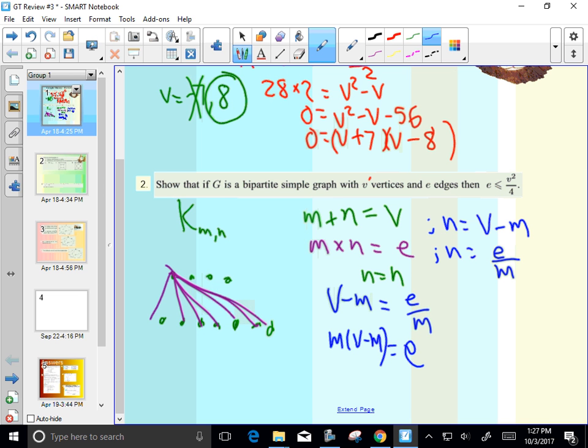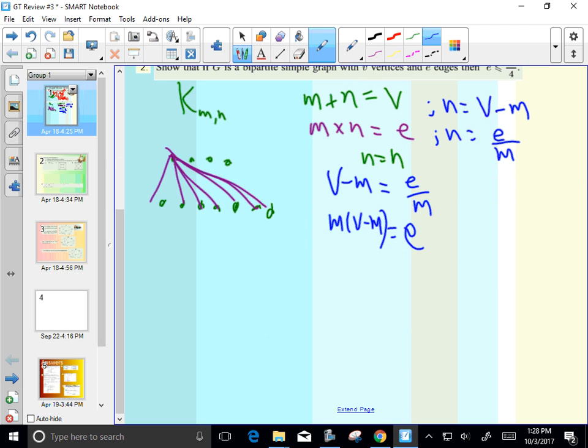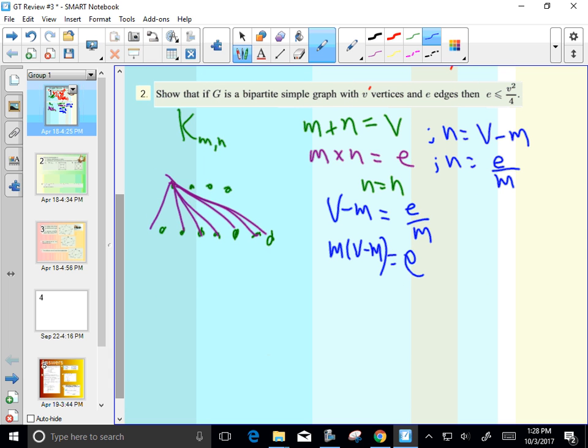Okay? That isn't too bad, is it? Algebra from those? Did I do anything crazy? Well, I'm going to do something crazy here. Now, if I multiply these through, I'm going to get mv minus m squared equal to e, and put everything on one side, I get m squared minus mv plus e.